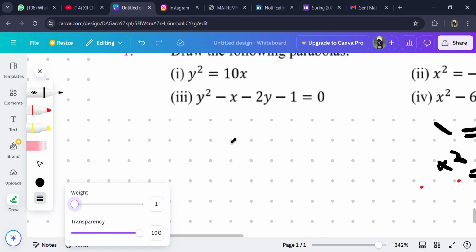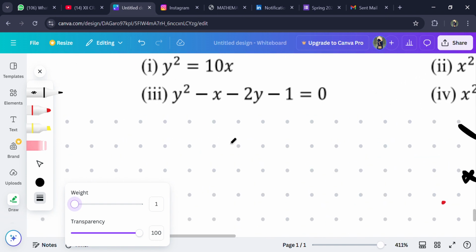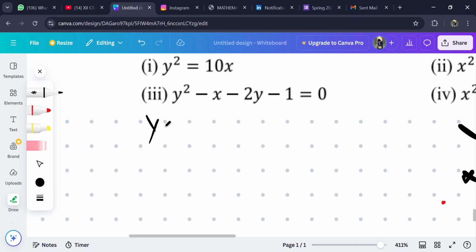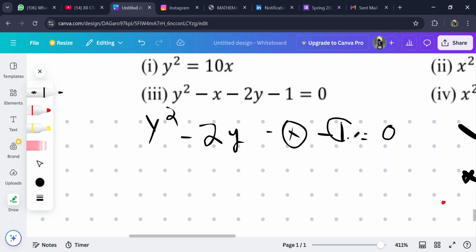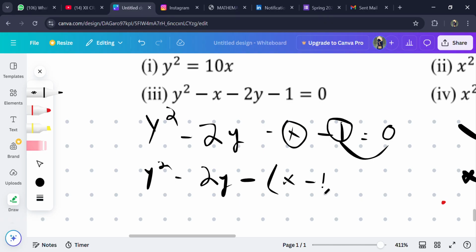So here you can see we have an equation that needs simplification. So first we'll keep all the y equations on one side. So it will become something like this. Now let's keep all the x terms on one side. So let's say y square minus 2y, and let's keep y common, and it will be x minus 1.